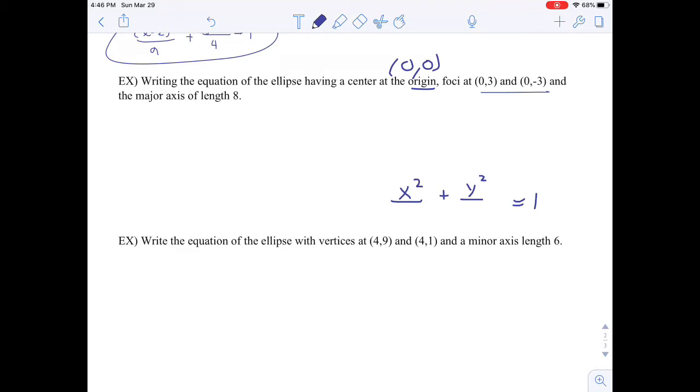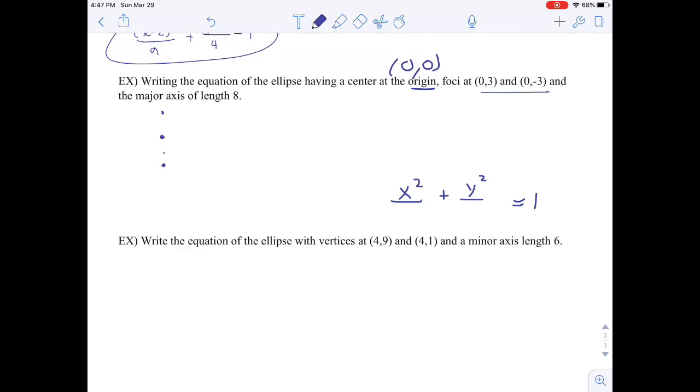If you think about it, we're centered at (0, 0), and our foci are at (0, 3) and (0, -3). So up 3 and down 3, which means our major axis is going to be vertical. In this case, A will be underneath your y.